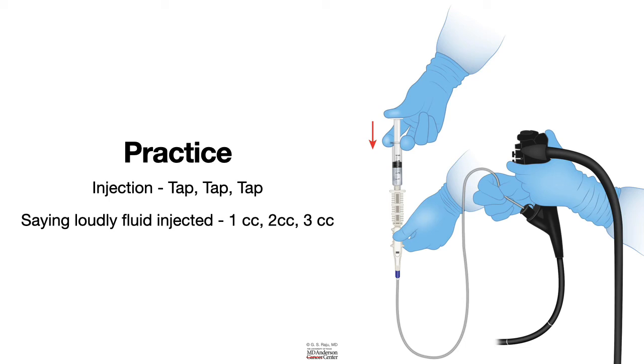So the endoscopist would know and make necessary adjustments as you say loudly 1 cc, 2 cc. If he's not seeing the nice bulge appear, he will pull the needle back and readjust. For that reason, get into the habit of saying loudly the amount of fluid injected.